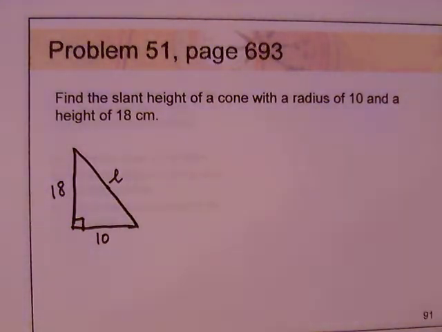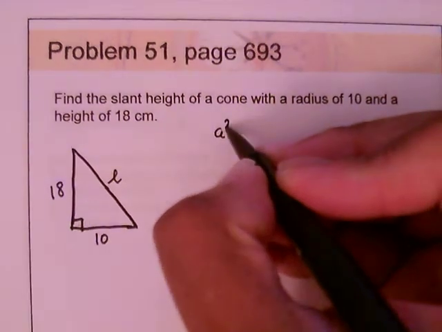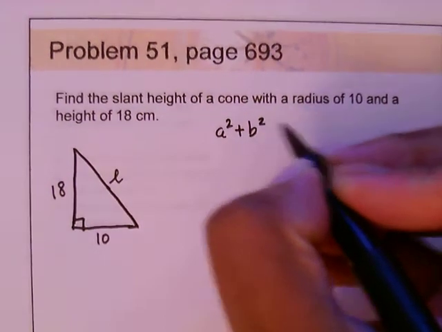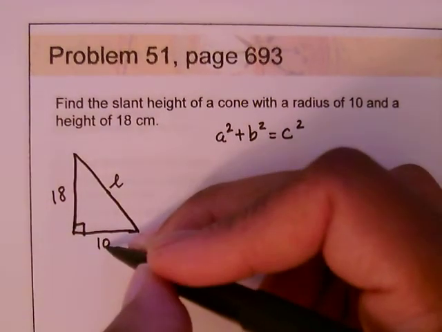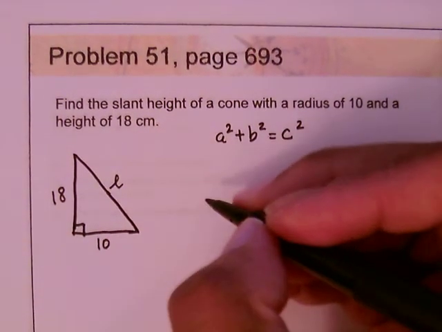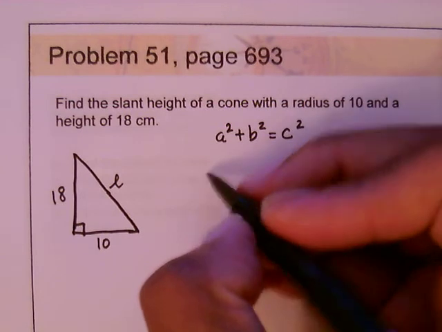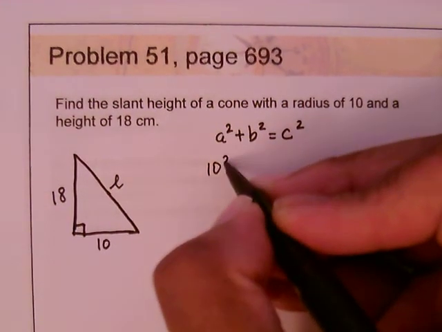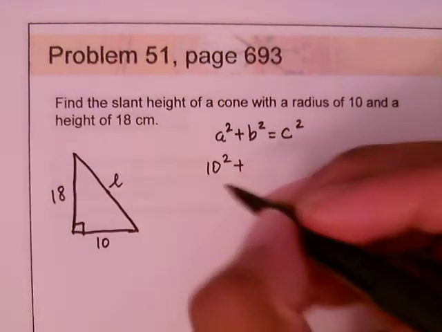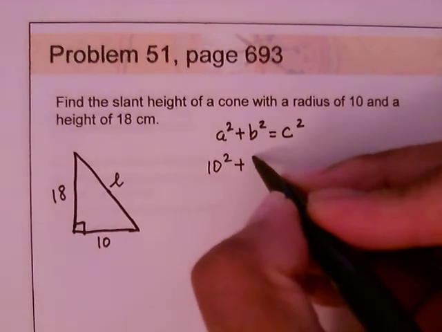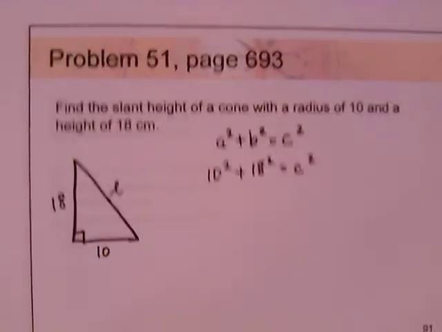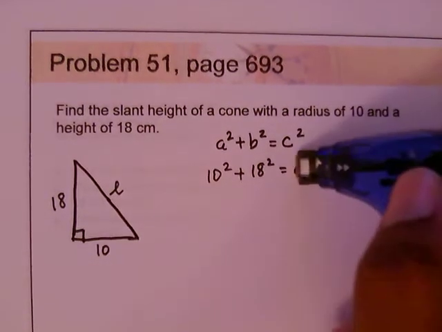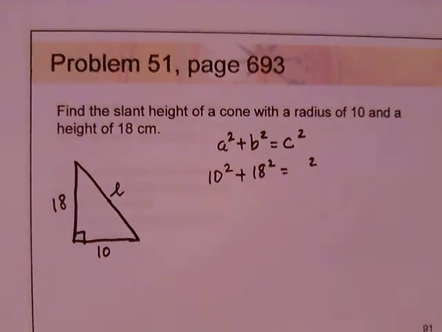And that's, of course, a squared plus b squared equals c squared. I'm going to let this be A. That's 10. So it'd be 10 squared plus the B. Let that height be B squared. That's 18 squared. That's equal to C squared. Actually, I'm going to let that be L since I'm dealing with a slant height. So this will be L squared.